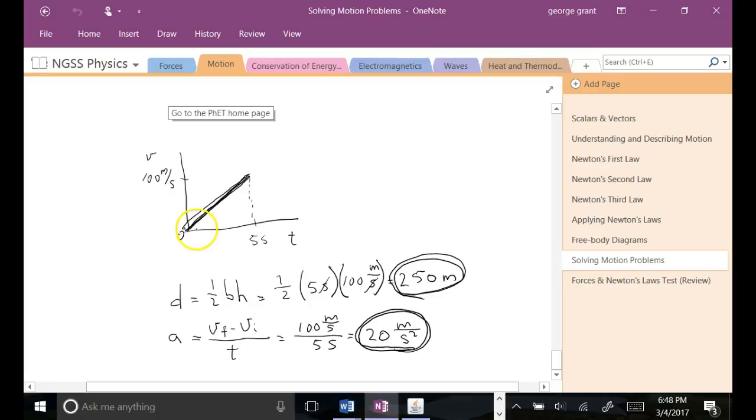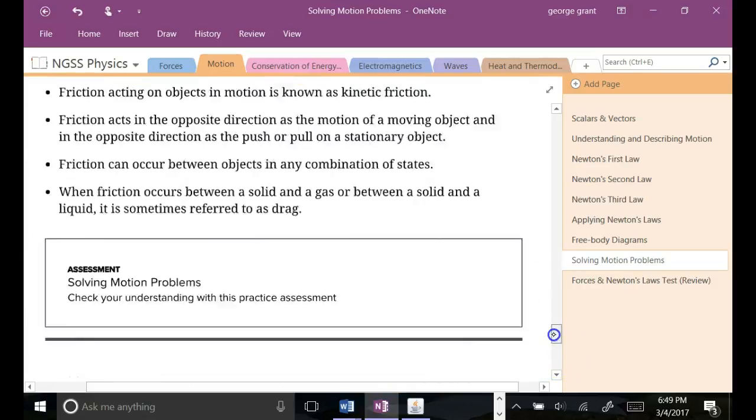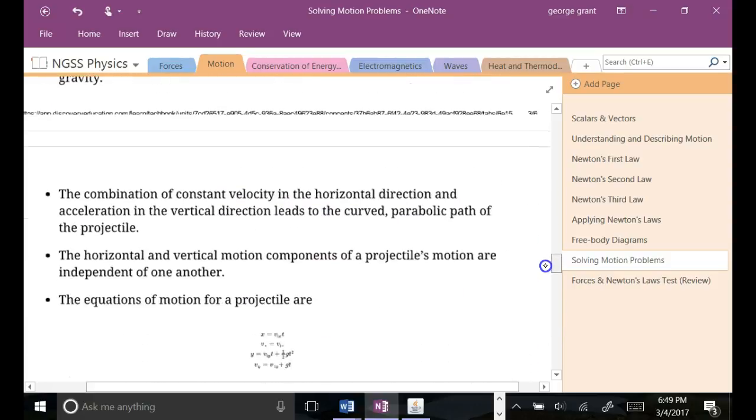And if you look, we go from 0 to 20 meters per second in 1 second, 0 to 40 meters per second in 2 seconds, 0 to 60 meters per second in 3 seconds, 0 to 80 meters per second in 4 seconds, and of course 0 to 100 meters per second in 5 seconds. Okay, so the acceleration is just the rate of increase in the velocity for every second that passes. Okay, I hope that helped.